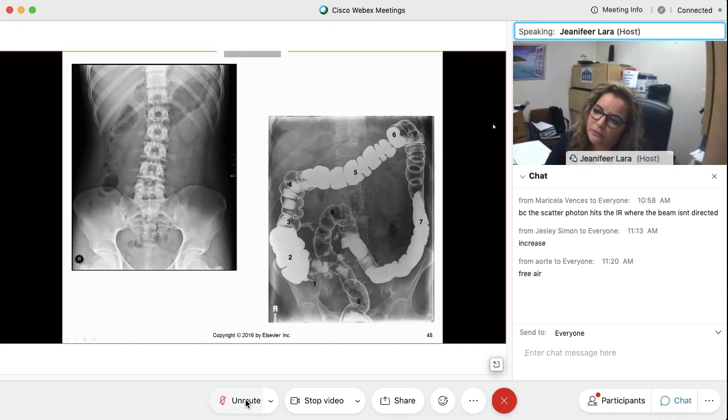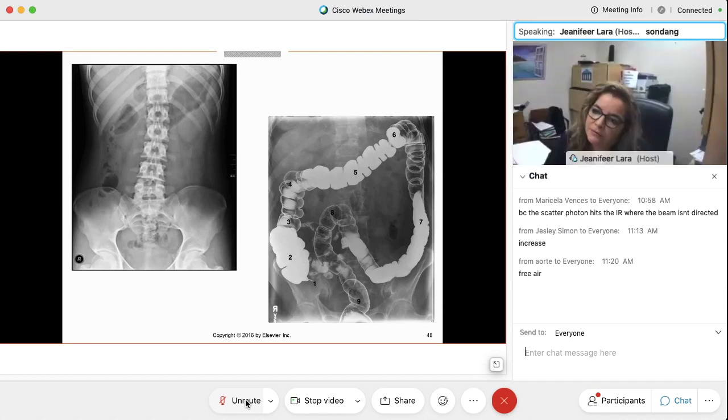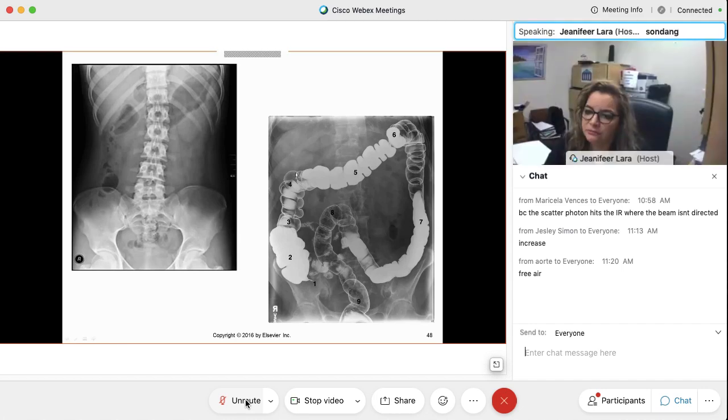Son, what is number 4? Number 4, let me see, the sigmoid colon? No, that's not sigmoid. It's a flexure. Name this flexure.